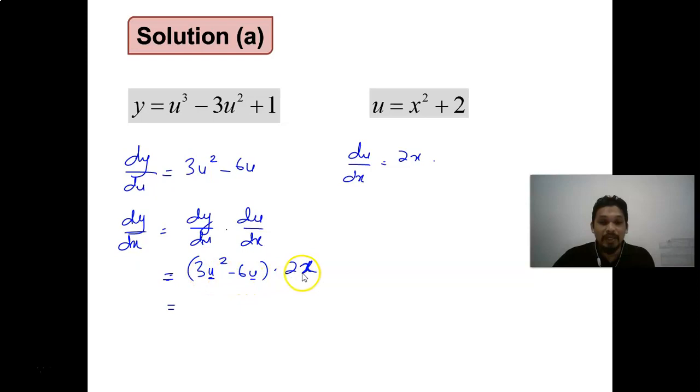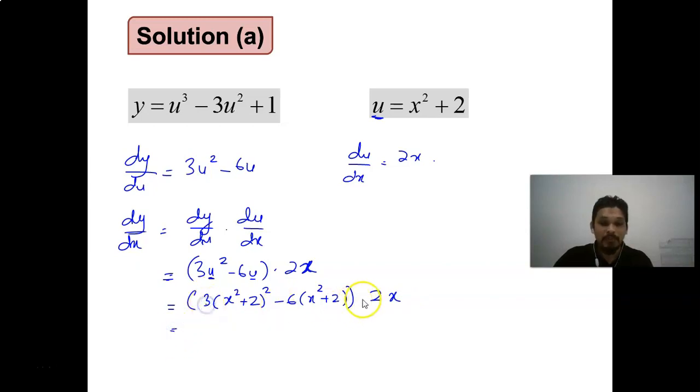Because u and x are mixed, we cannot put them together as a final answer. Yes, look at this one here now, u. So in this case, 3 times (x squared plus 2) squared minus 6 times (x squared plus 2), multiplied with 2x.